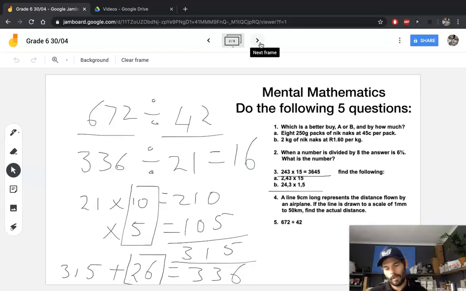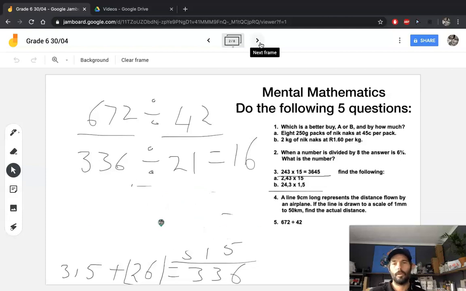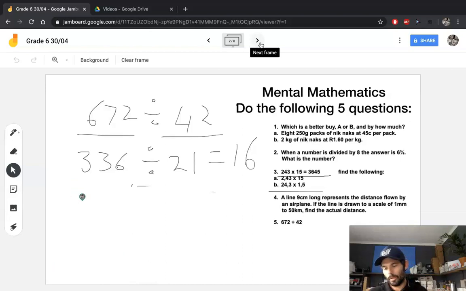If you had left it at 672 divided by 42, then you could have gone 42 times 10 equals 420. I would have gone by 5, because I would have noticed that to multiply by 20 would have been too much.